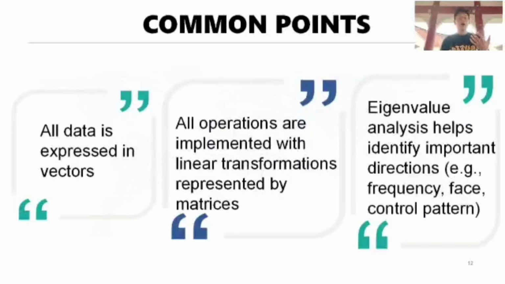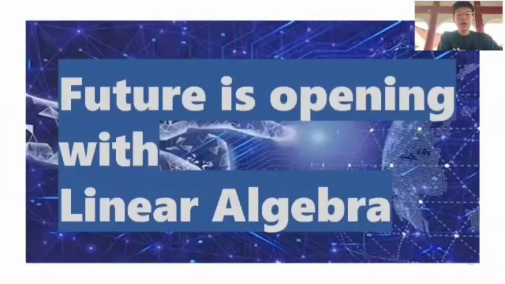With the rise of artificial intelligence, linear algebra becomes even more critical. Modern deep learning frameworks rely heavily on vectorized operations, matrix multiplications, and eigenvalue analysis. Linear algebra is no longer just a tool, it's becoming the language of intelligent systems. Mastering it will open doors to science, robotics, AI, and beyond.